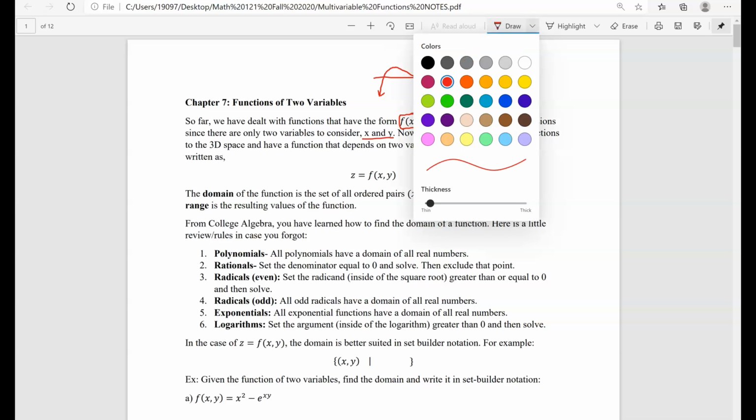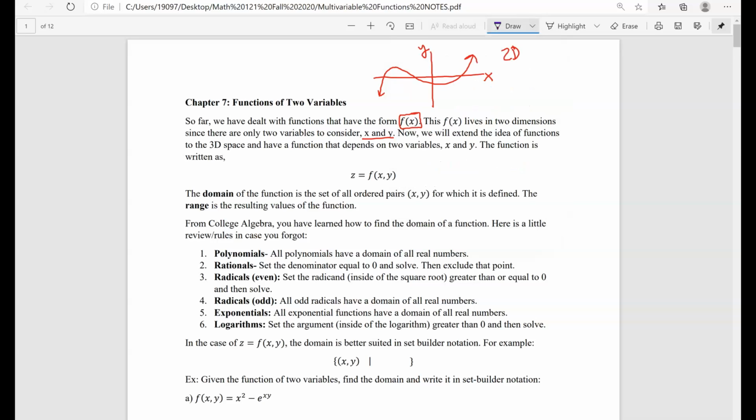And what we're going to do now is extend this idea of functions to 3D space. So now we have a function that depends on two variables, x and y, and we have our third variable, z. When we think about functions in three dimensions, don't worry, we're not going to graph anything, but just to give you an idea, we now have an additional axis: x, y, and z.